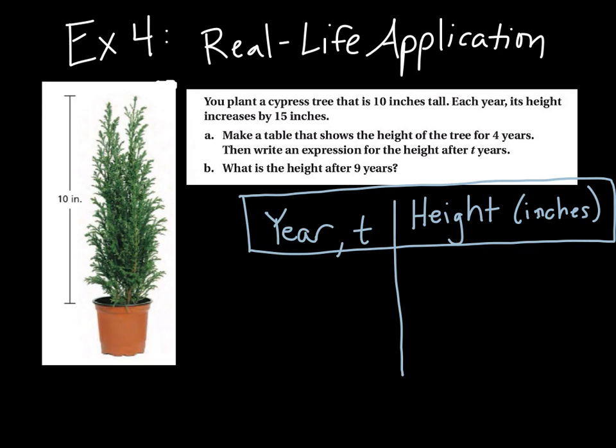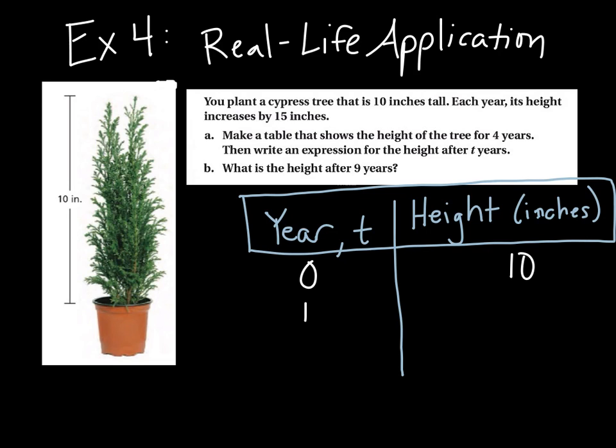So when T would be equal to 0, we can start to fill our table in. That would mean after basically 0 years, or first when you plant the tree, that the height would only be equal to 10 inches, because remember they told us in the problem that when you plant the tree, it's 10 inches tall. So we start there, but then we start to look at different possible expressions that we could use here.